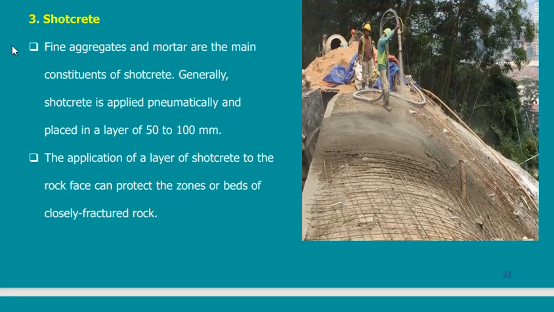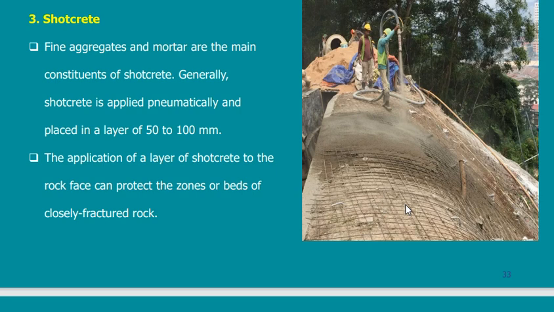I can add shotcrete. You heard about shotcrete before? This is what I was telling you. I can just cover the slope with wire mesh. You see these steel bars? It is as if I'm putting a mesh. I can leave the mesh as it is, okay, but I can cover it with concrete.